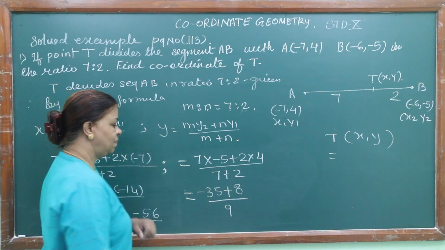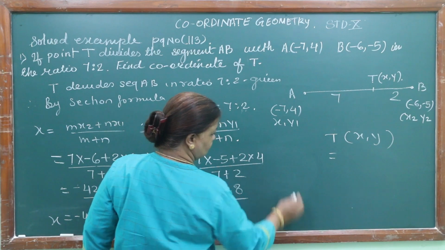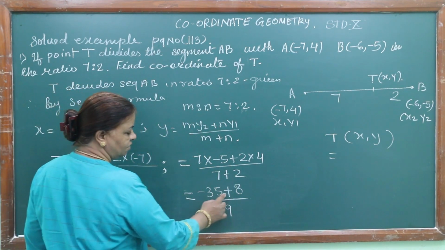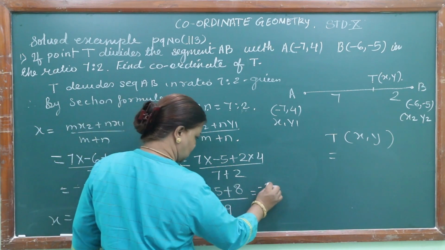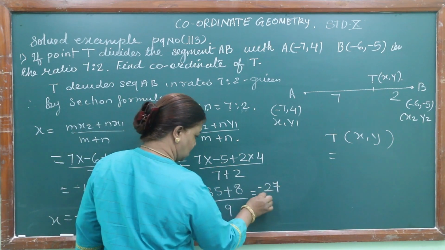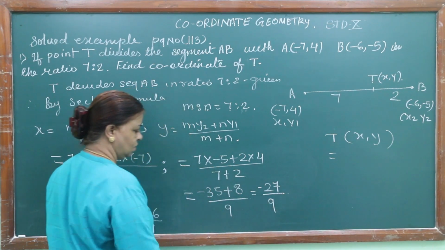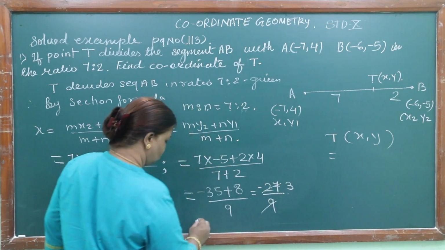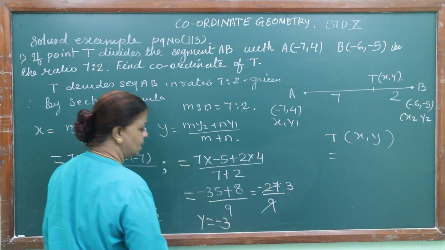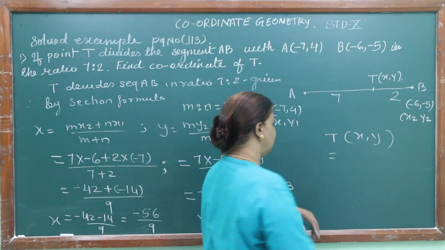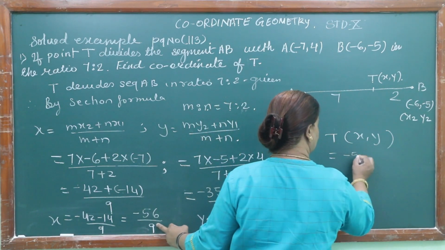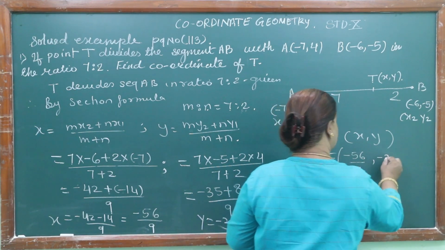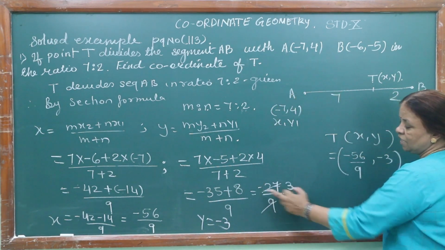Now minus 35 plus 8 will be minus 27 upon 9. So 9 threes are 27. So y coordinate is equal to minus 3. So in T, the x coordinate is minus 56 upon 9 and the y coordinate is minus 3, children.